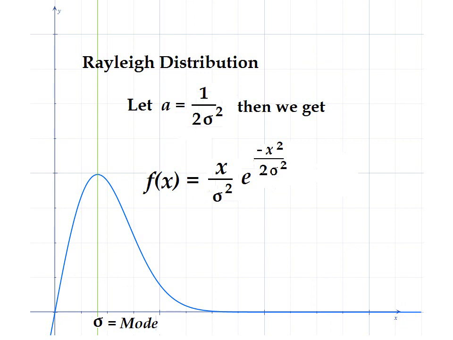Delta is the mode, which is also the maximum value, or at the maximum value, I should say. Delta representing the random variable where the probability density function has the maximum value.